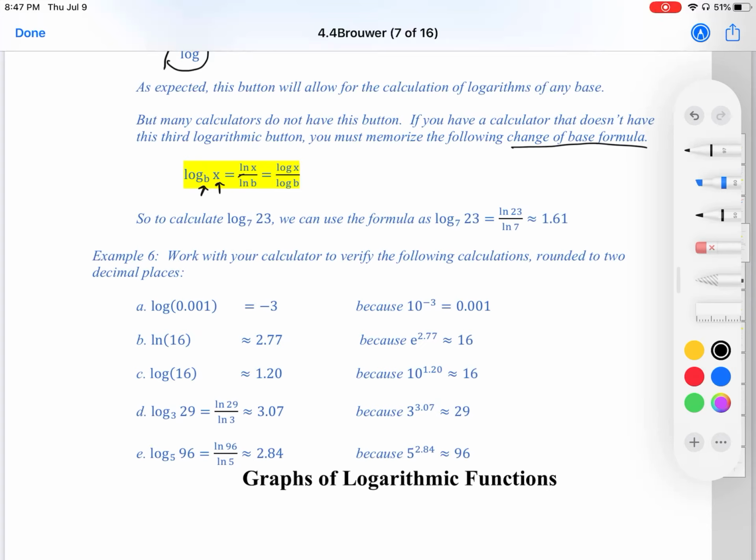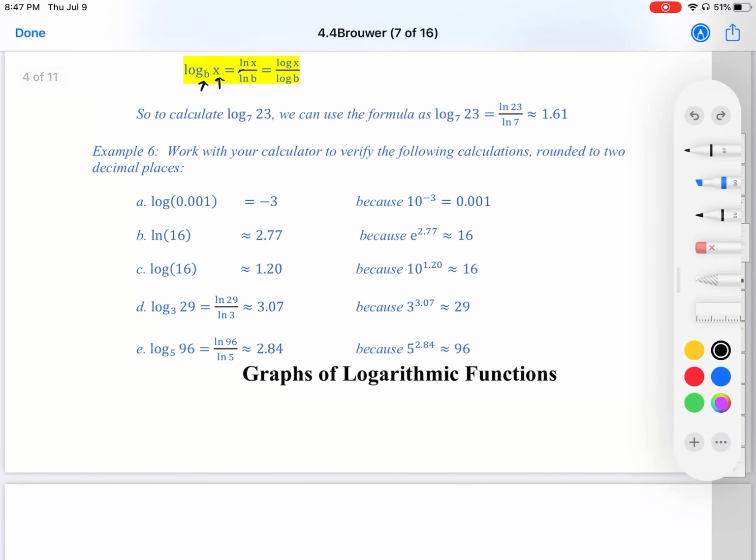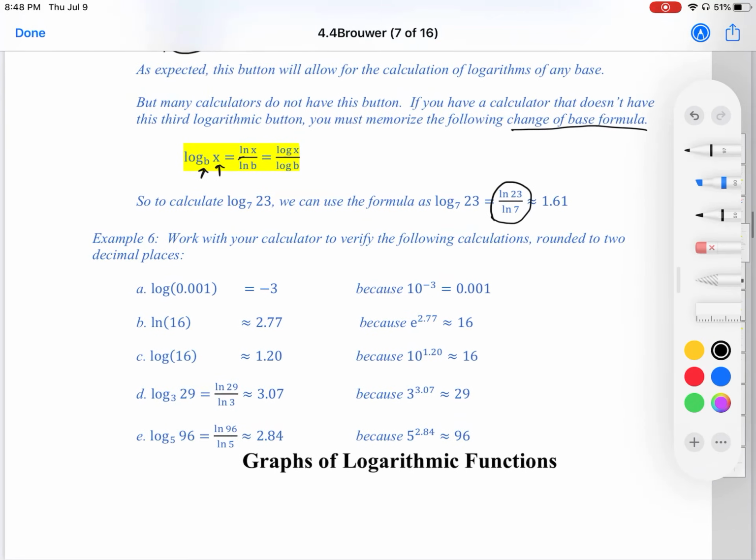So you're essentially rewriting your entire log, and this will produce the answer you're looking for. To calculate log base 7 of 23, we can use the formula as ln of 23 divided by ln of 7, which equals 1.61. And notice you can use ln and log interchangeably however you like.